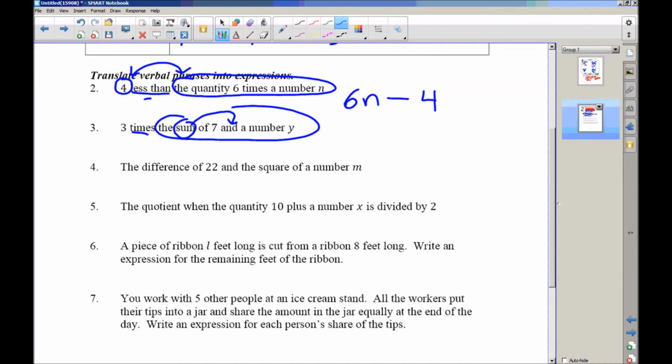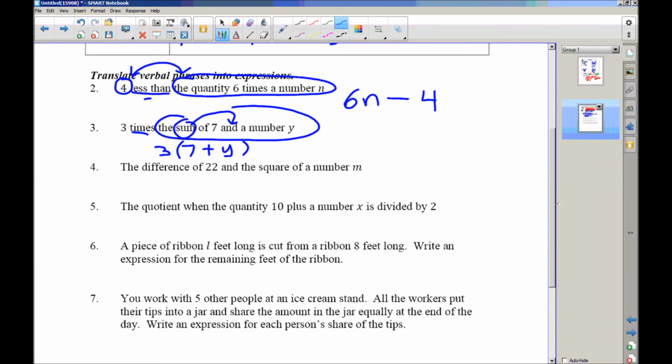So in this case, sum makes an add there. So this will be 3 times, well, we want to get the answer to the adding first, so I got to put that in parentheses. So 7 and a number y: 7 plus the number y. I want the sum, that means the answer to that. That's why I have to find the adding part before I multiply it by 3.